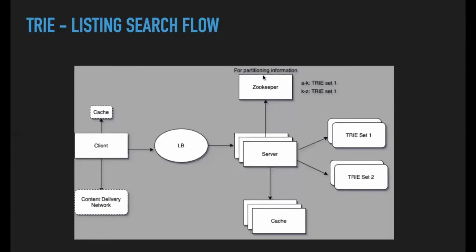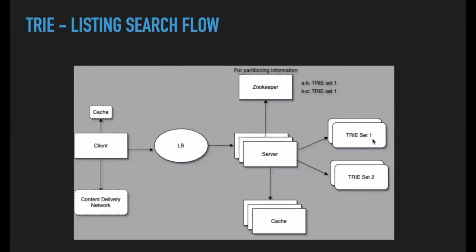So let's say it consults zookeeper. It sees which particular trie set is responsible for my query. That's where it should redirect. So let's say trie set one is the one which has stored this query's result, and it will go to trie set one and fetch the data from it.